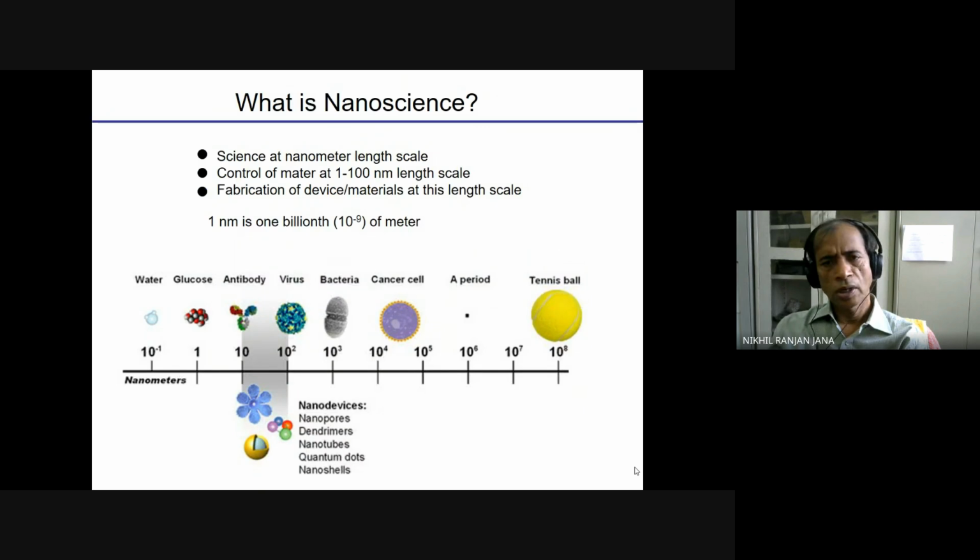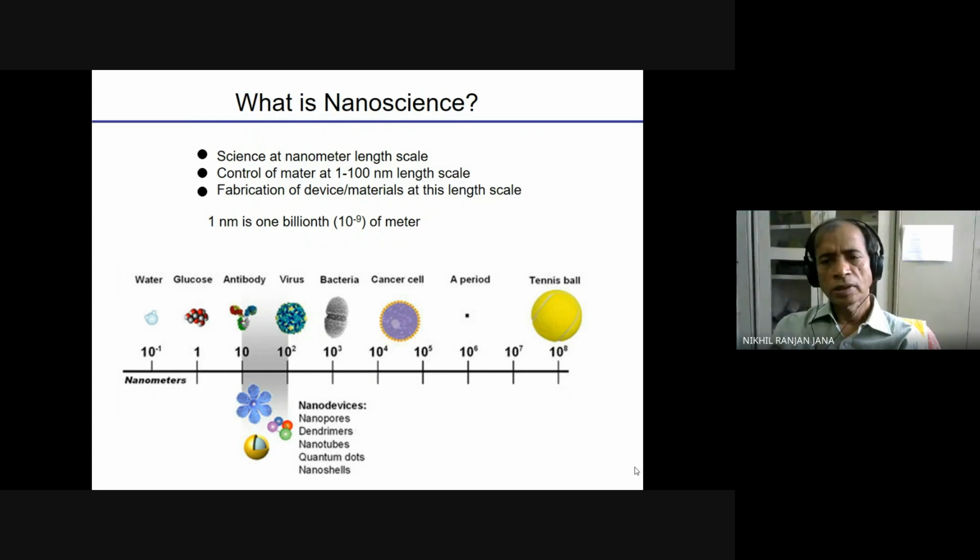So let's start with some introduction of nanoscience. Most of you have heard about this. It's a science at nanometer length scale, typically in the range of 1 to 100 nanometers.